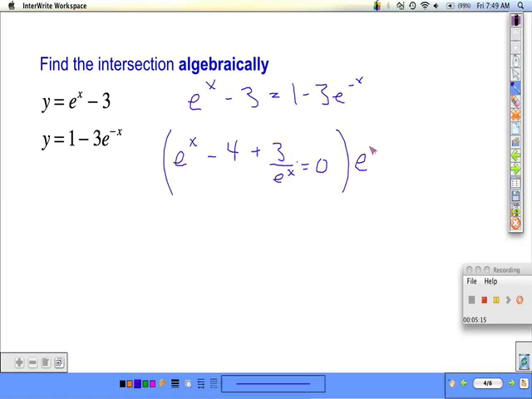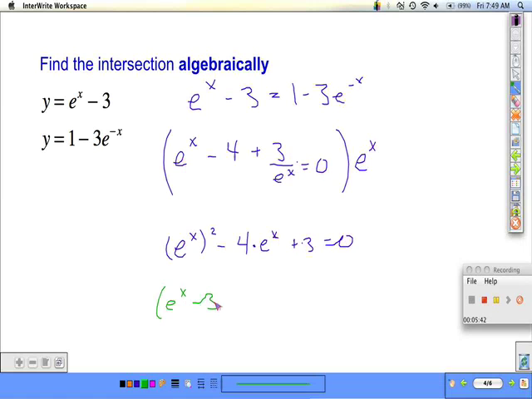Now I'll multiply the whole thing by e to the x to clear out that fraction, and I get e to the x squared minus 4 times e to the x plus 3 equals 0.